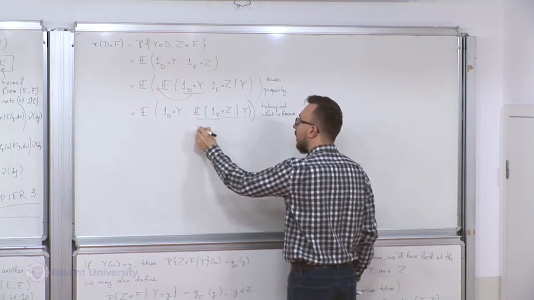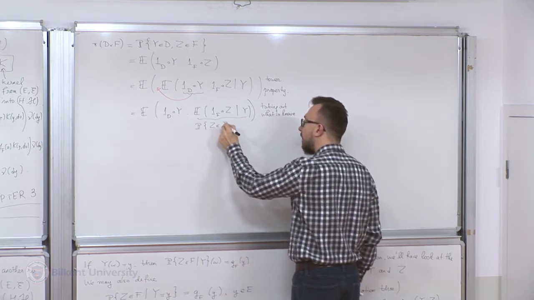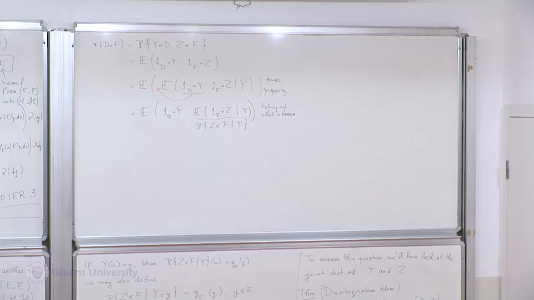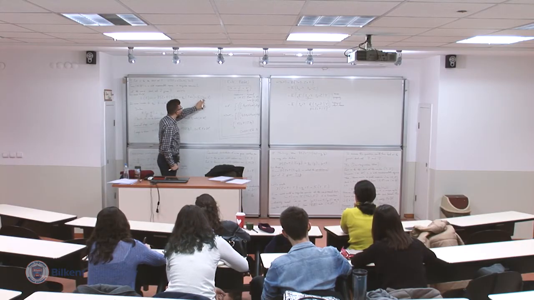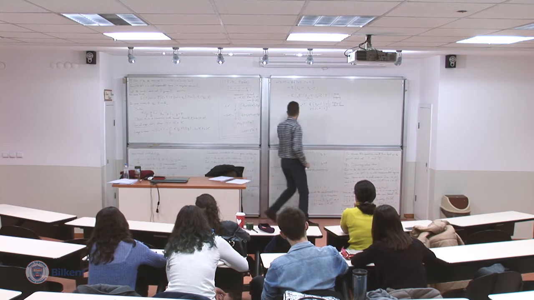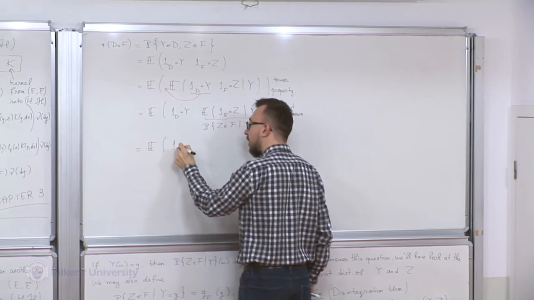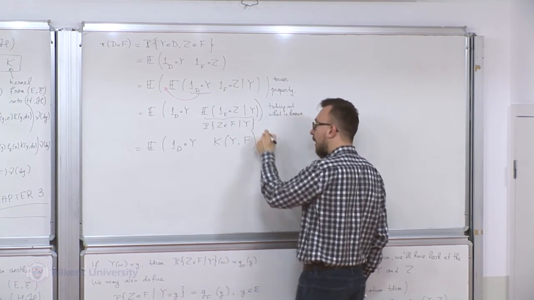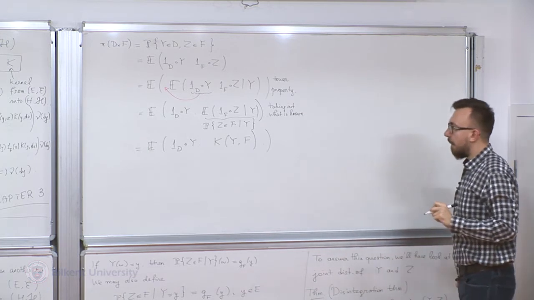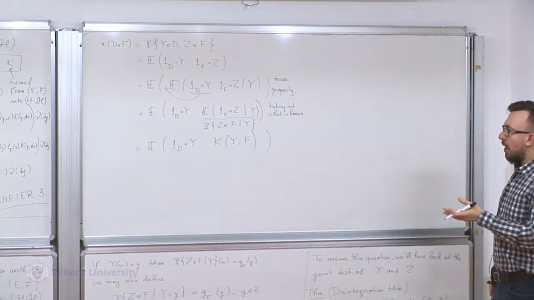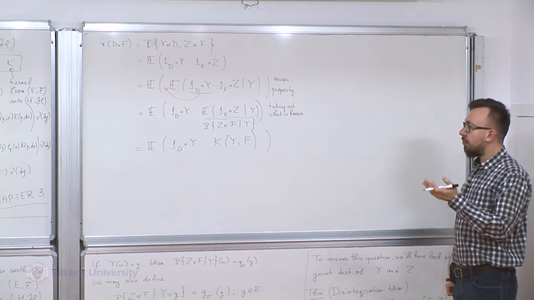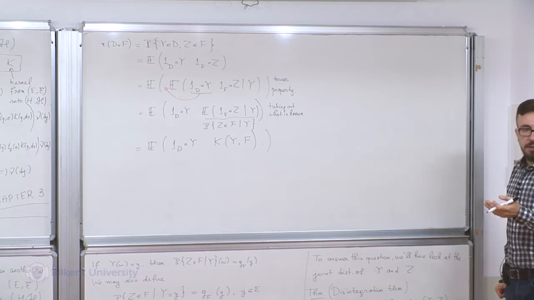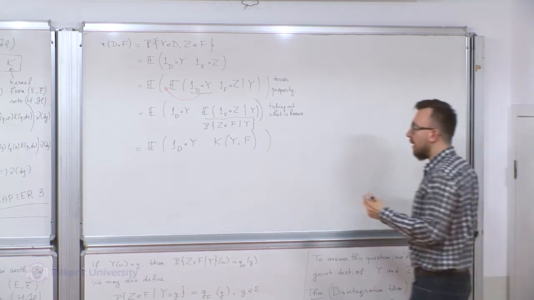And this is simply the conditional probability that z is in F given y, right? So how are we going to write it? Well, it is k_y of F, by construction. So now we have indicator D at y times k of y and F. This is simply a function of y, right?